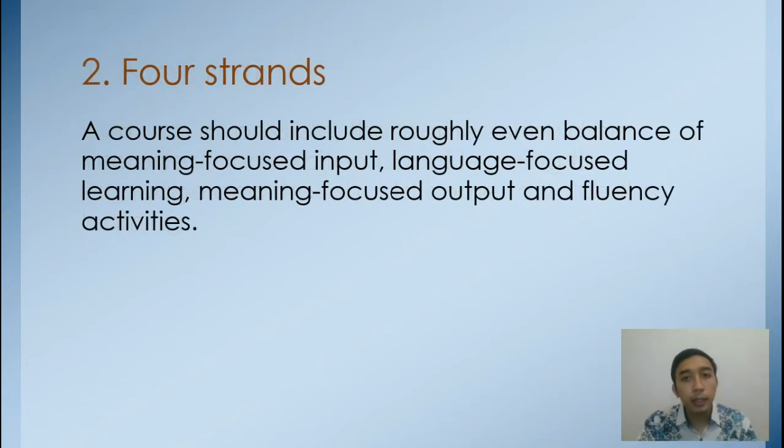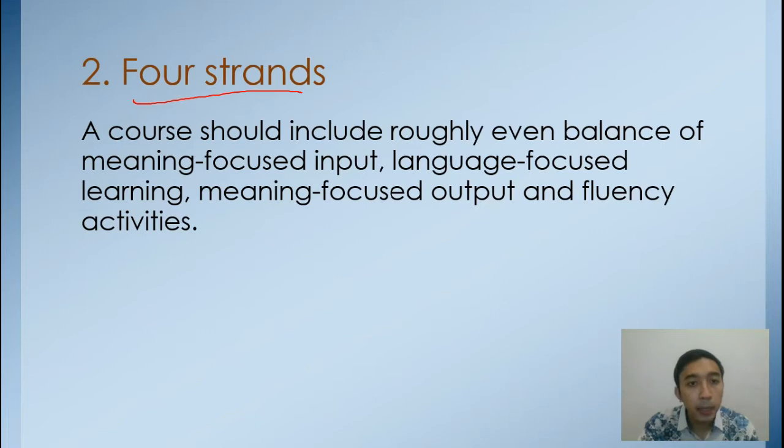A course should include a roughly even balance of meaning-focused input, language-focused learning, meaning-focused output, and fluency activities. There's also a lot of discussion on it, especially from Nation and McAlister. You may read the book, but I would like to give you the outline of the 4 strands here. Jadi ada 4 aspek yang akan kita pelajari dalam principles of language teaching.